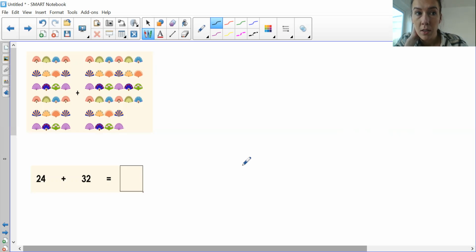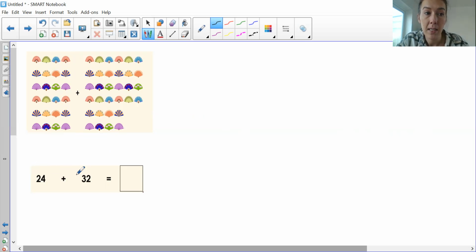Although those look beautiful, it's not really effective to be doing it for such big numbers. If I was going to do any sort of jottings for additions with greater numbers, I'd be looking to do my base 10, because if you're counting these, you're going to get mixed up and it's going to take you ages and you end up getting frustrated.